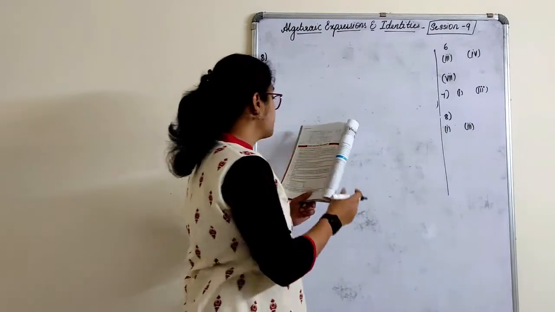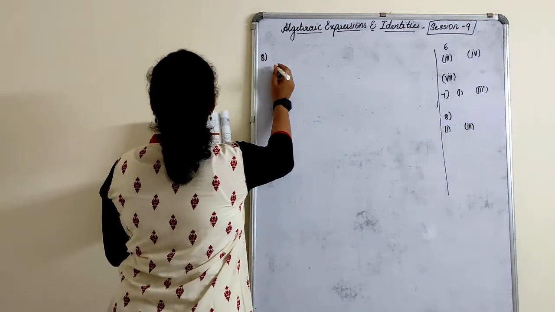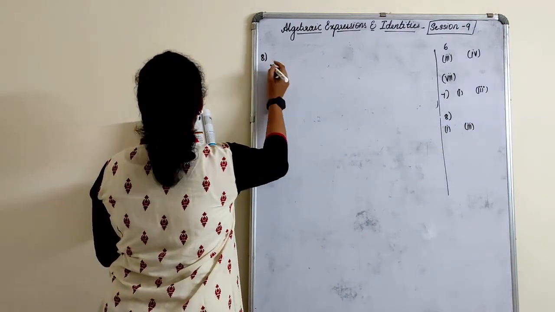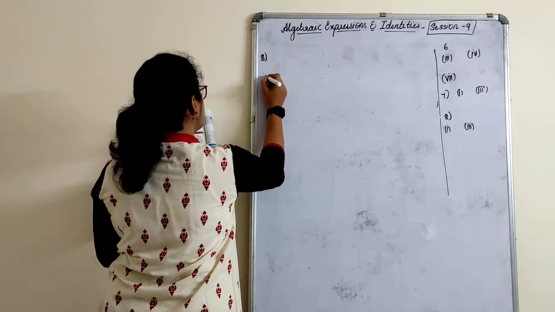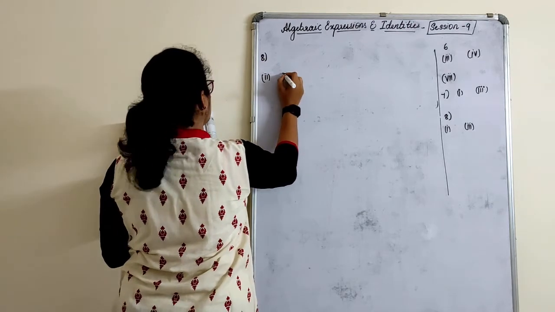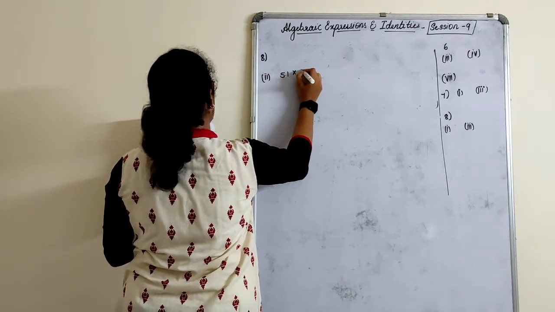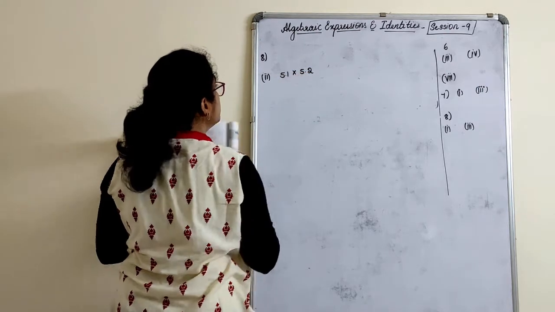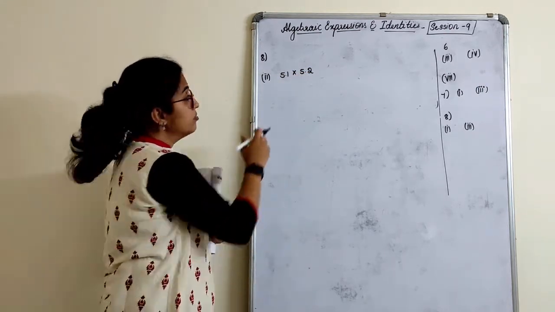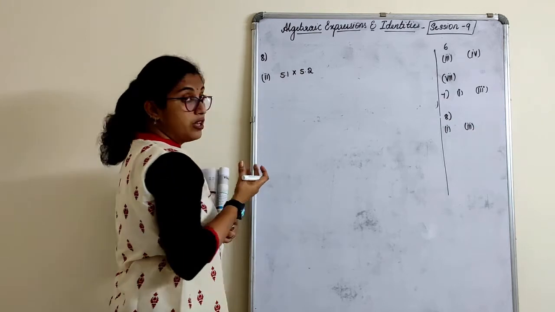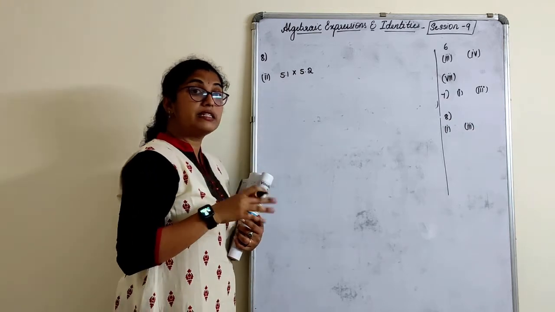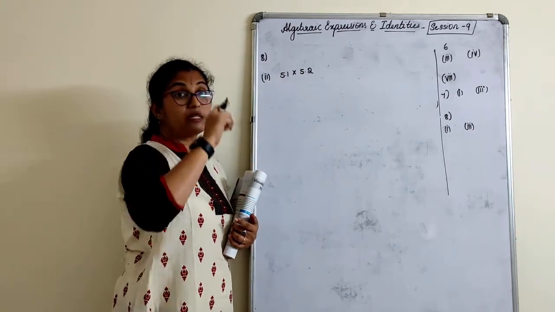Okay, 8th one. I'm going to start with the second one here. 5.1 into 5.2. First of all, there's always a confusion whether it is x plus a, x plus b, or a plus b, a minus b.